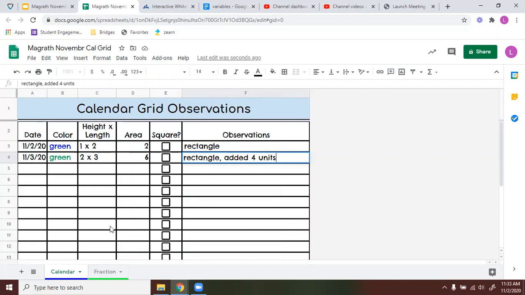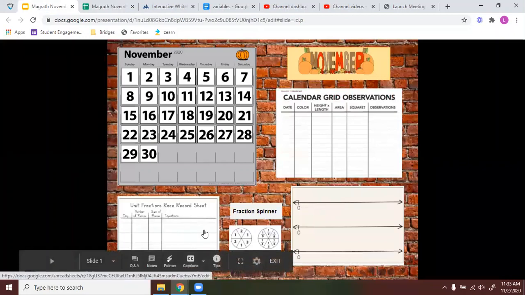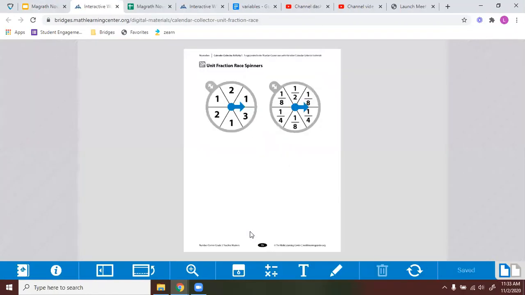In addition to updating this calendar grid every day, we're also going to be playing a little game here with this fraction spinner. So I'm going to pull up these fractions and we're going to talk about them for just a moment. These fractions in the spinner are called unit fractions. They each have a 1 on the top.